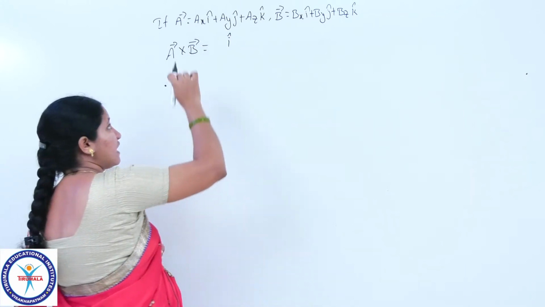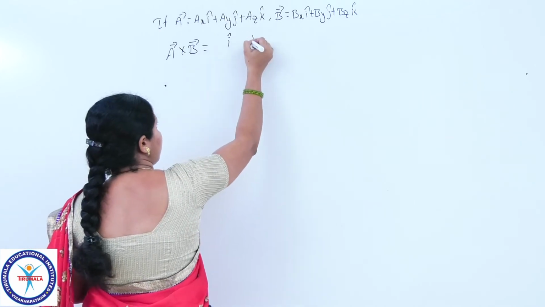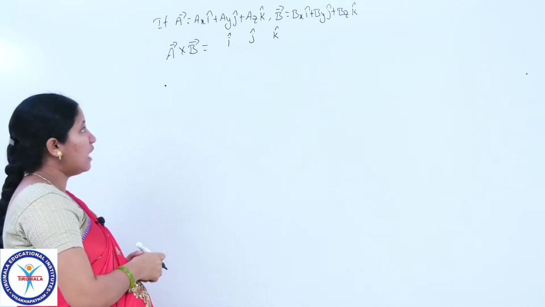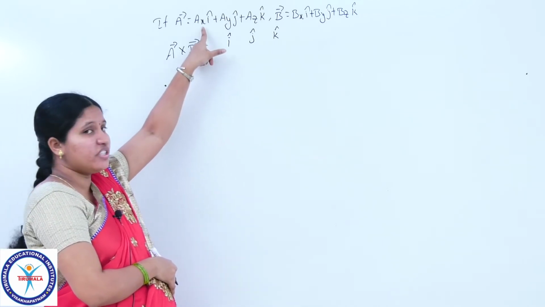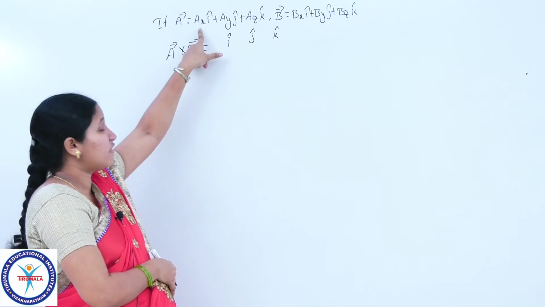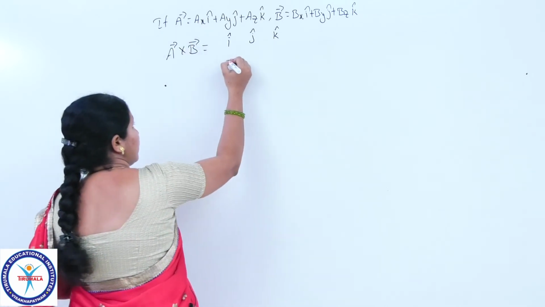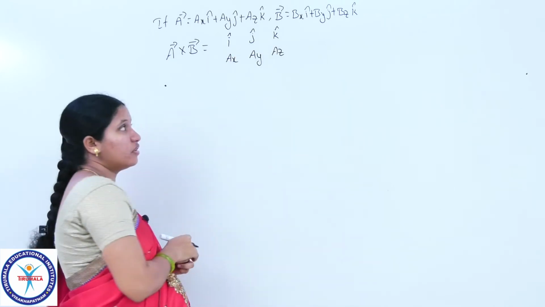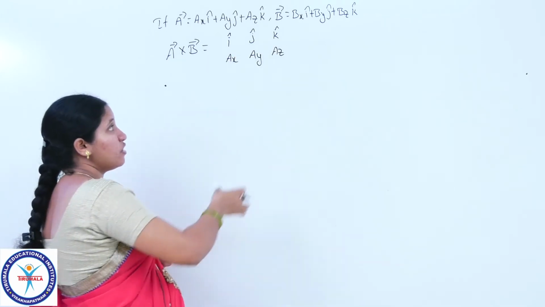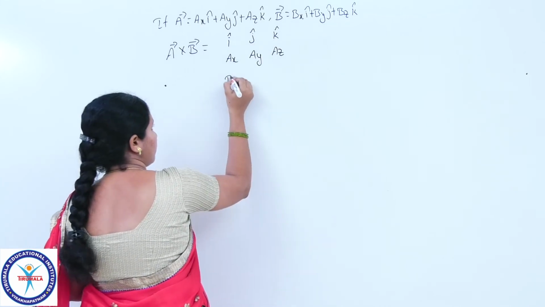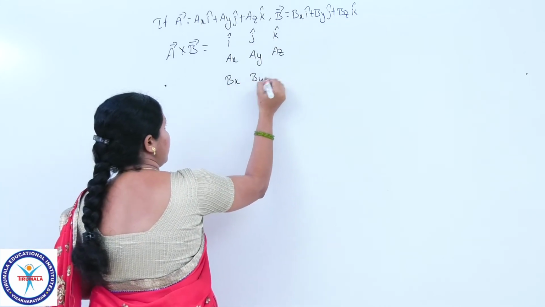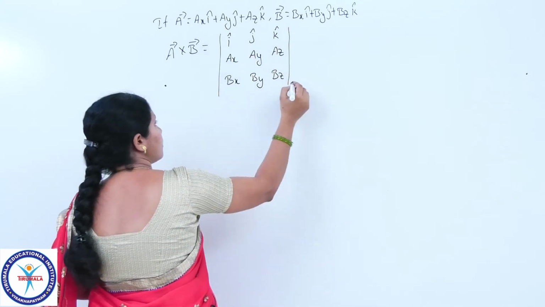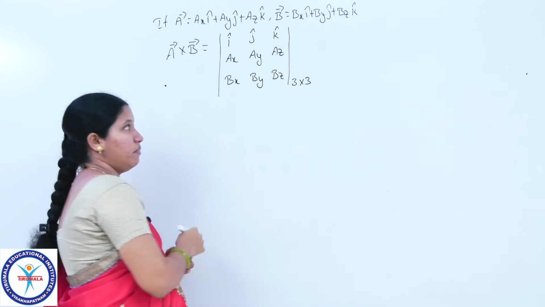For that, consider the first row as unit vectors, that is i cap, j cap, k cap, the second row as coefficients of the unit vectors of the first vector, that is ax, ay, az, and the third row becomes the coefficients of the unit vectors of the second vector, bx, by, bz. So this is a 3 by 3 matrix.